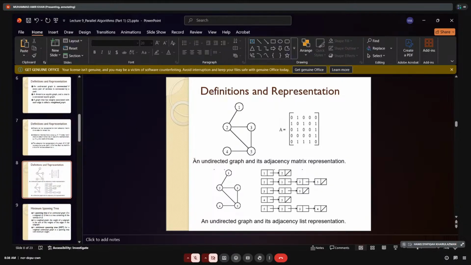Okay, how? Same graph, 1 2 3 4 5. So 1 is linked with only 2, so 1 and 2, and in the second box we write only 2. And then with 2, 1, 3 and 5, after 5 we write a finish line.